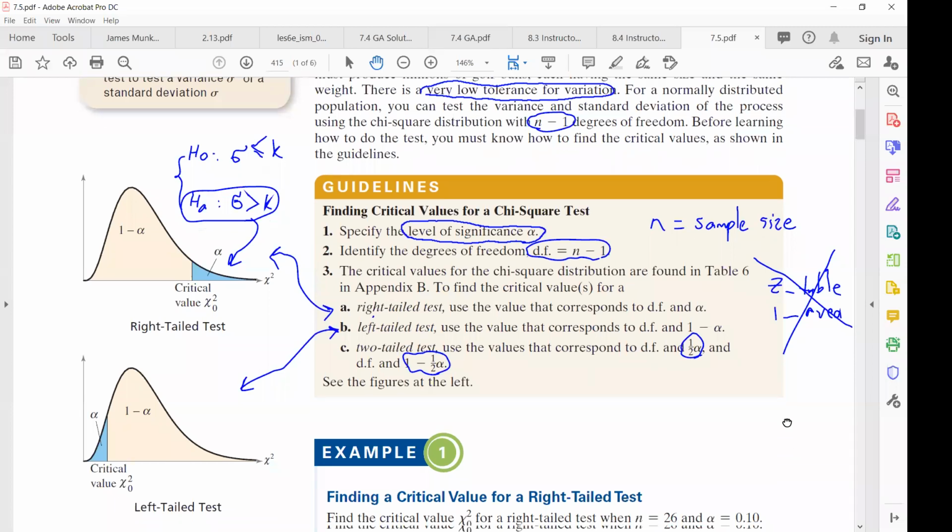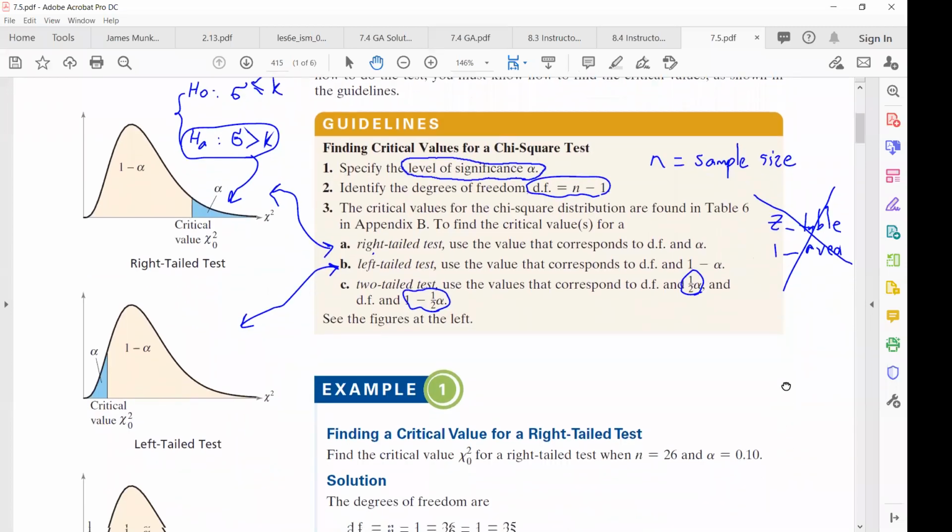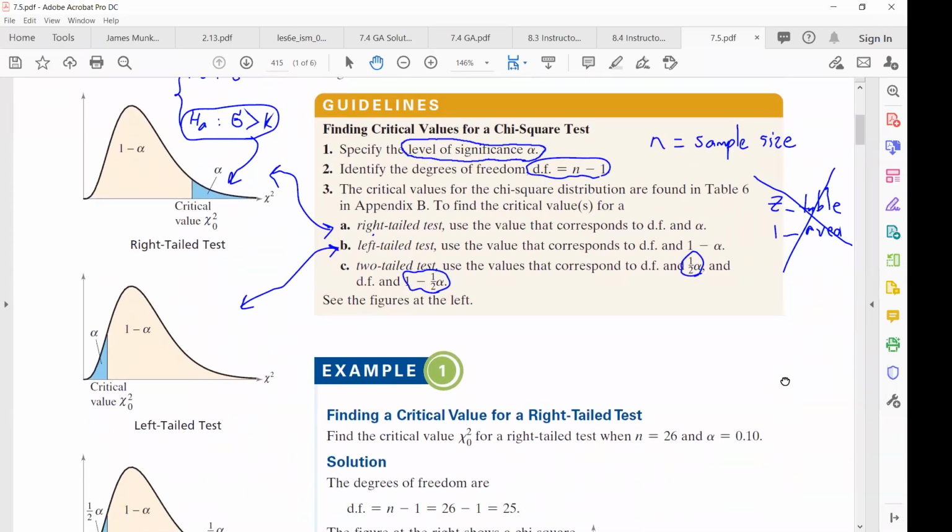Let us go over one example to see what's going on. Question says, find the critical value for a right-tailed test. What's given? Sample size is given, it's 26. What's alpha? Alpha is 10%. So we're going to use the chi-square table. I'm going to show you how to use the chi-square table, but it's the exact same process.